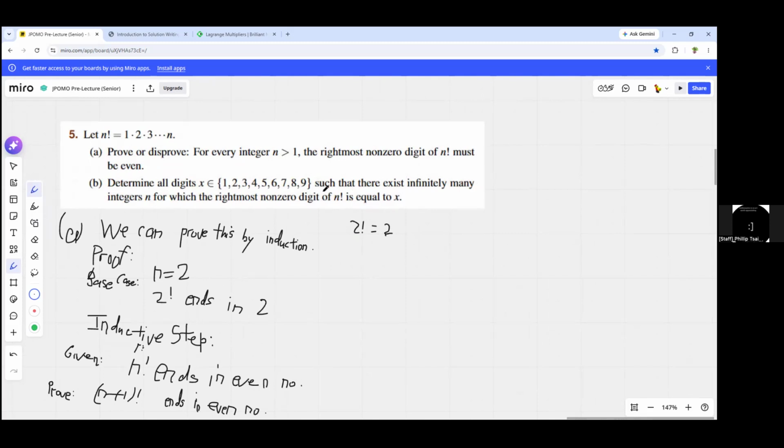So we need to show which digits x have infinitely many integers n with this property here. So that's basically what we need to do.